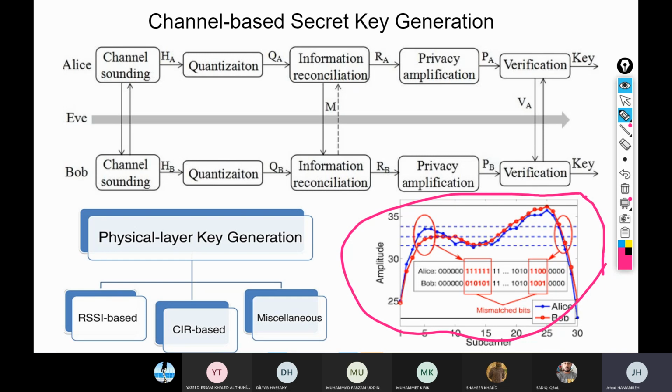For example, you start here from 0. Let's say we have 8 different levels. You quantize your amplitude to 8 different levels.